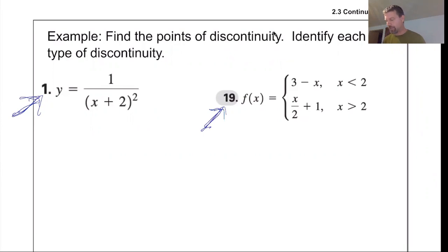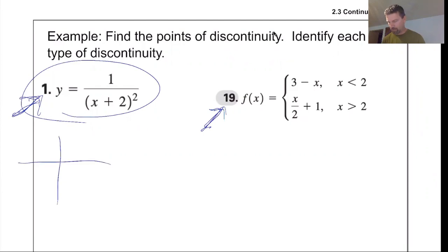This example says, find the points of discontinuity, identify each type of discontinuity. This one is allowing me to use a calculator. It says, go ahead. Now, I've been doing math for a while, so I know what that's going to look like. It's going to look something like this. So if I graphed it on my calculator, it looks something like that. And if I looked at that graph, I could definitely see it's got a point of discontinuity right here.